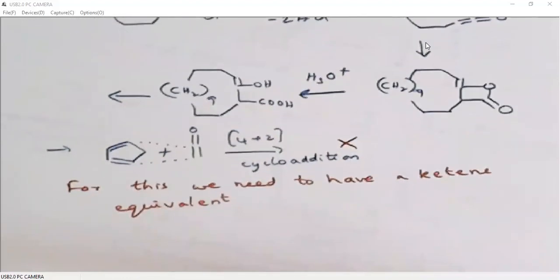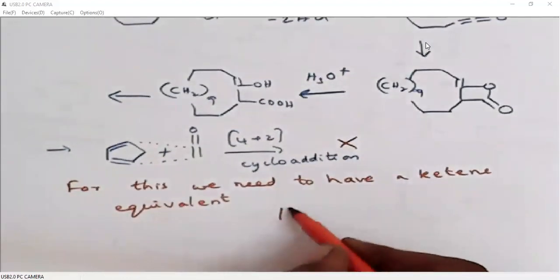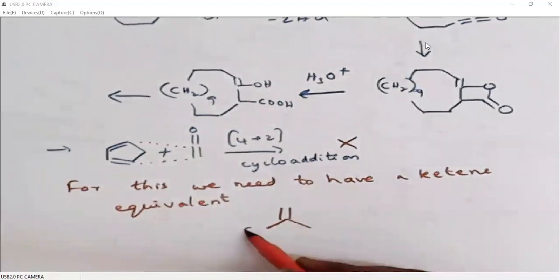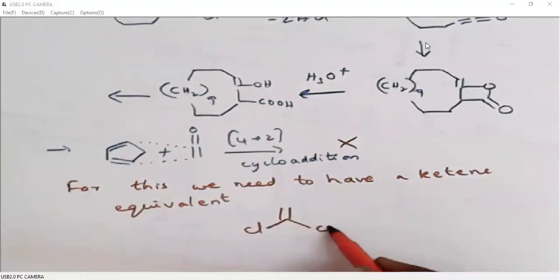A ketene equivalent is an alkene which has chlorine and cyanide on the same carbon. So this is alpha chloroacrylonitrile. Chloroacrylonitrile is used as a ketene equivalent, and it looks like a good dienophile, so it undergoes Diels-Alder reactions.